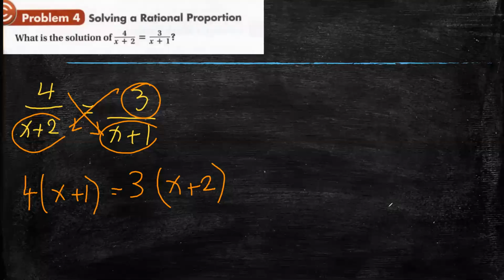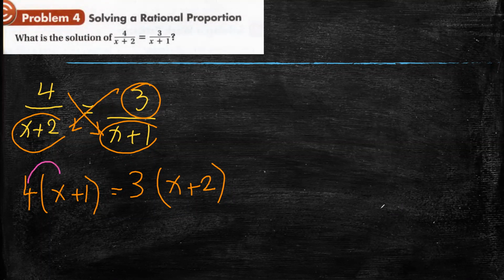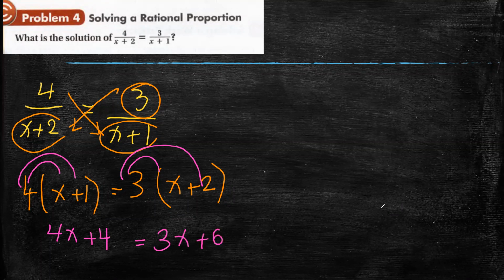After that, it becomes a very easy one. You now solve it by distributing 4 on each term. So you have 4x plus 4 equals 3x plus 6, since 3 times x and 3 times 2 is 6.